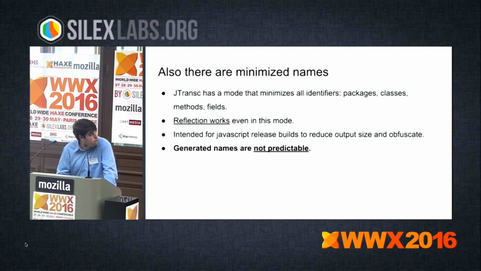Also, JTransc supports minimizing names, packages, classes, methods, to reduce the output size and obfuscate JavaScript code. And reflection also works in this mode. But that means that generated names are not predictable.